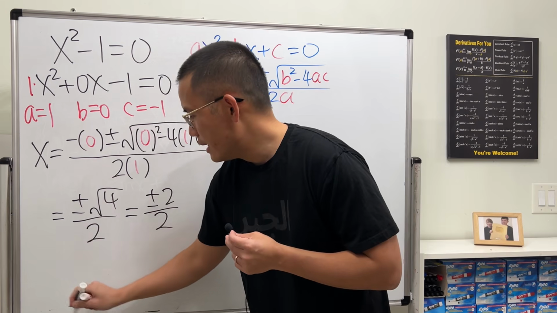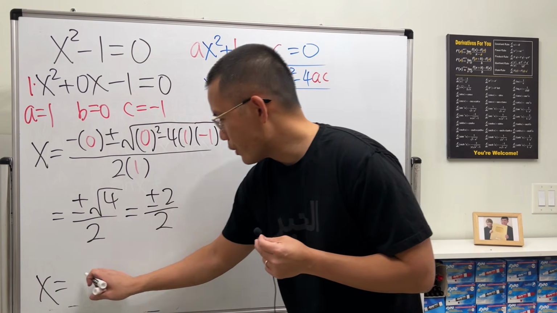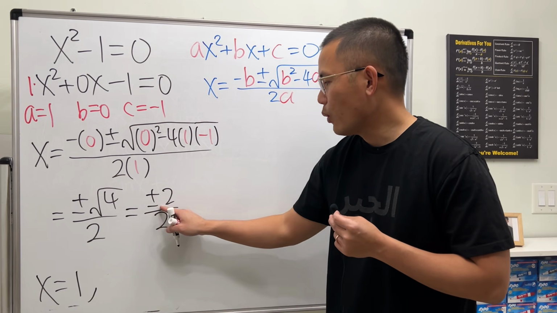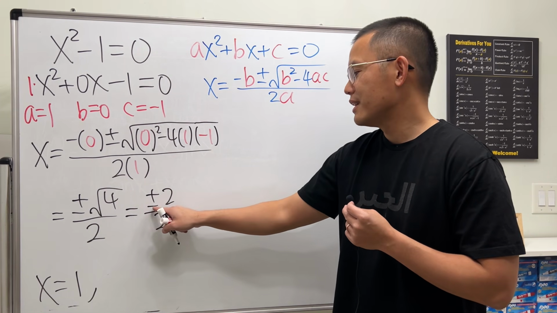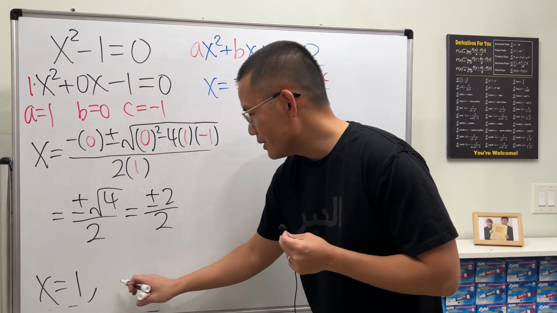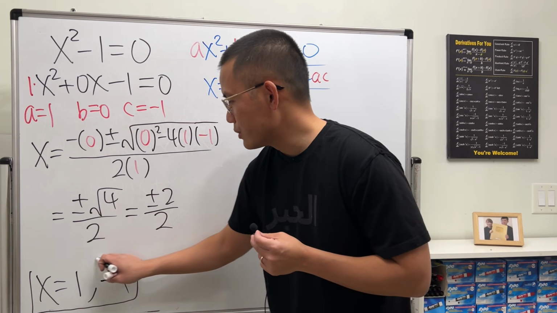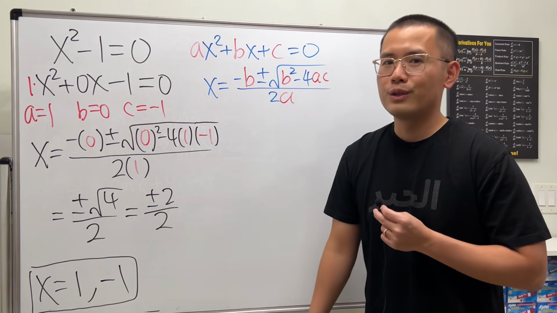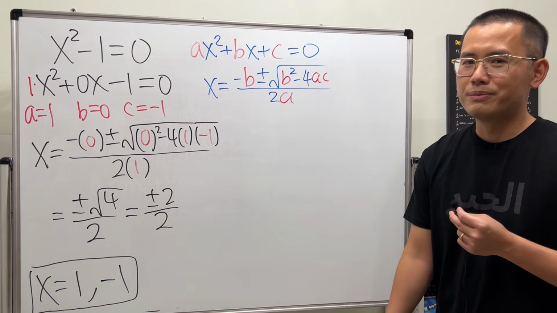So that means x is equal to, take the 2 divided by 2, we get 1. If you take the negative 2 divided by 2, you get negative 1. I wrote it down specifically like this because I want to show you that we have two answers, 1 and negative 1. And of course, this is something that you shouldn't do.